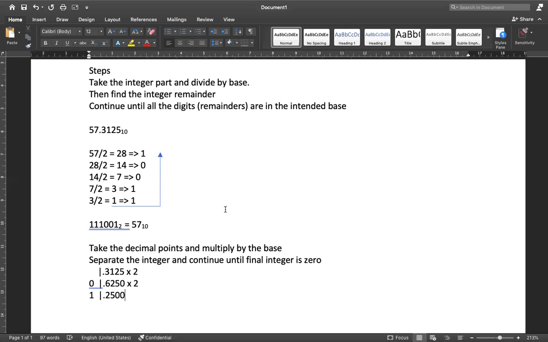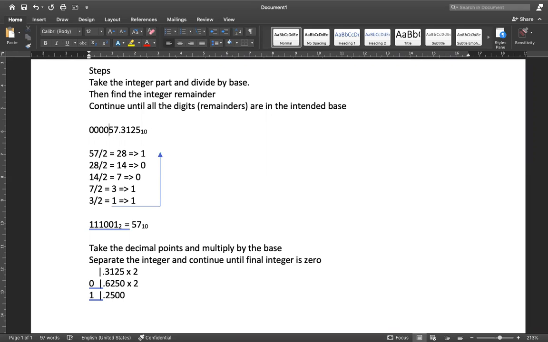Padding zeros will change the value in an integer only. If you add padding zeros to the integer, that will change the value. But if you add padding zeros to the fractional part, that will not change the value. Similar to that, if you add a leading zero to the integer, that will not change the value.